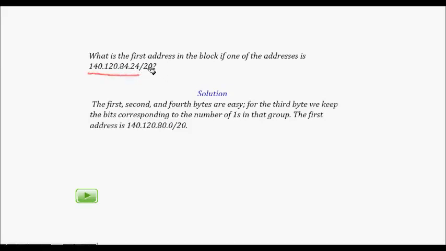Last 12 bits means the last 8 bits will be 0, so the last decimal will become 0. Now 84 is 64 plus 16 plus 4. So I can write it as 2 to the power of 6 is 1, 2 to the power of 5 is 0, 2 to the power of 4 is 1, 2 to the power of 3 is 0, then 2 squared is 1, 2 to the power of 1 is 0, and this is the binary representation of 84.